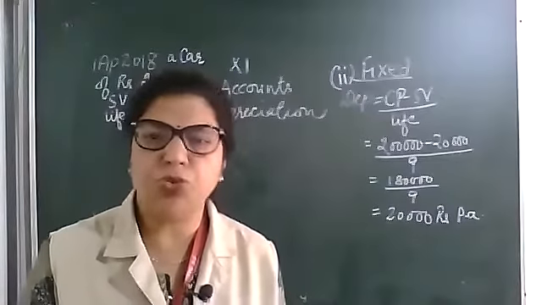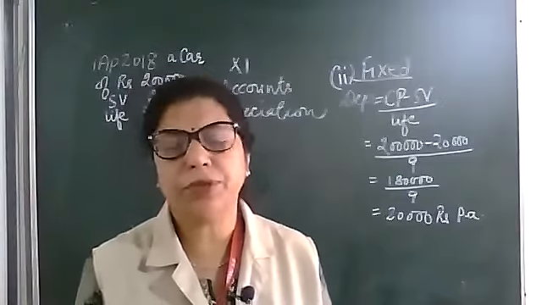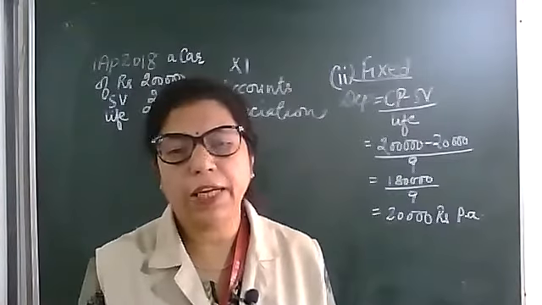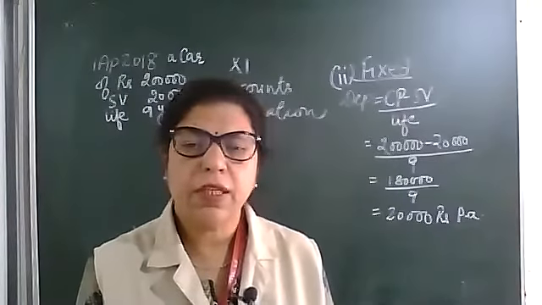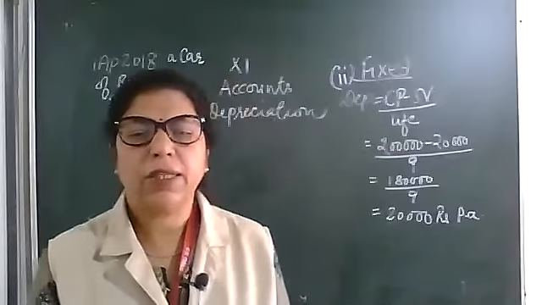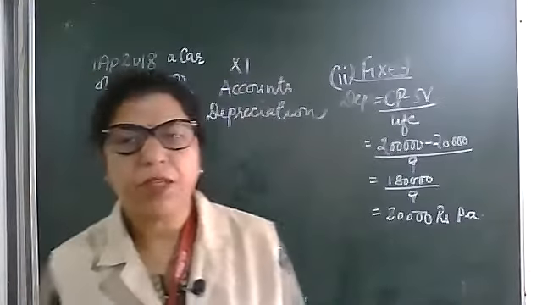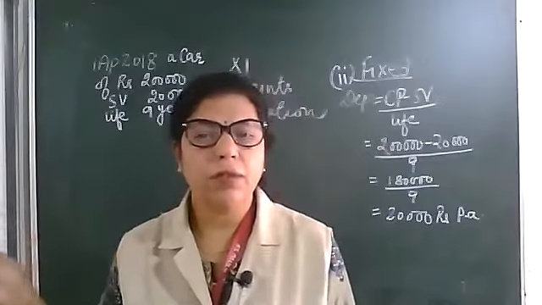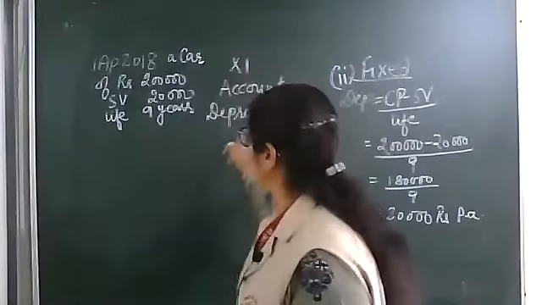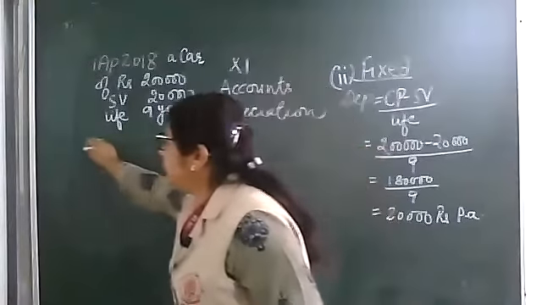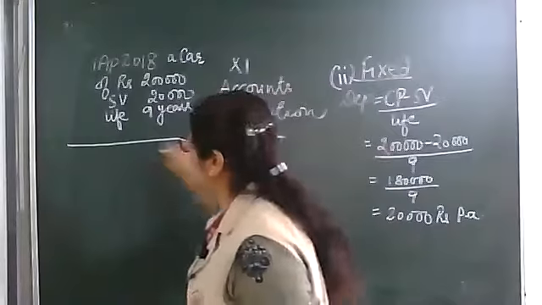Cost price is 2 lakh, scrap value 20,000, life is 9 years. So when we divide it, that is 20,000 rupees per annum. This is the calculation of depreciation first of all.